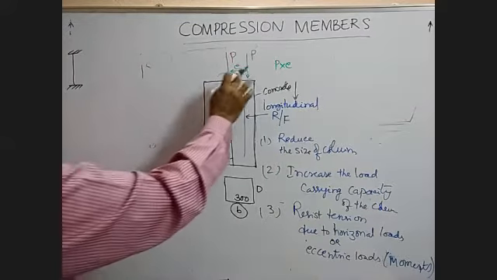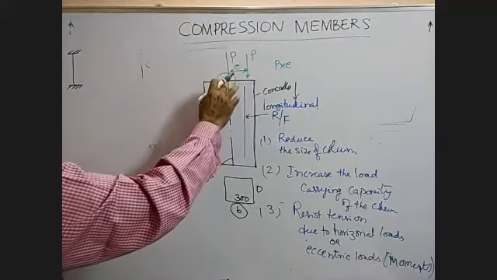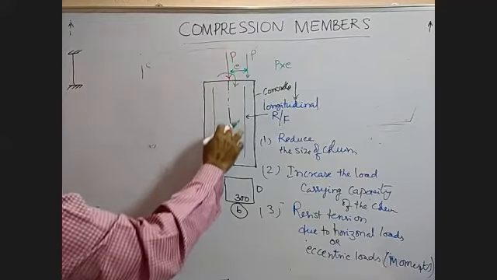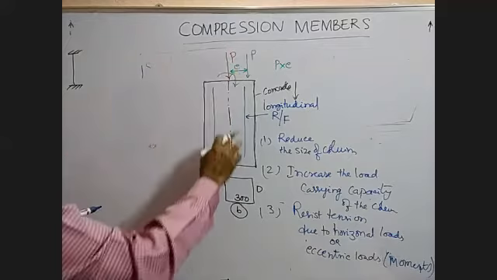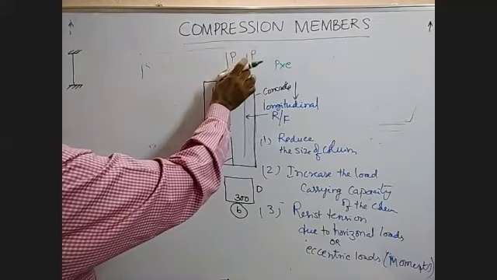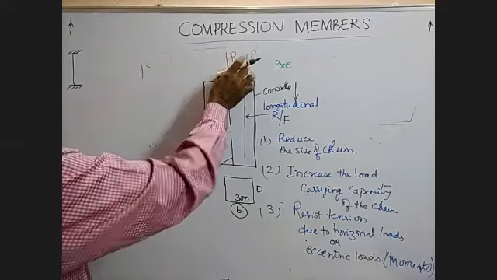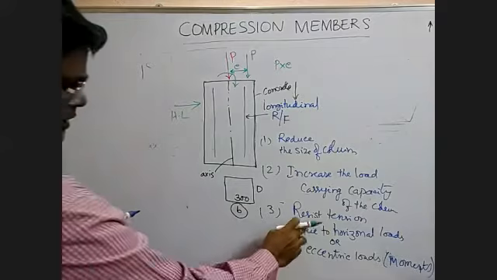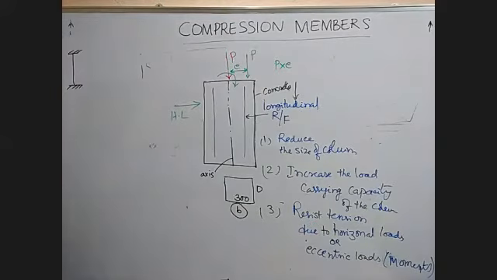See here, in this red color, the load is acting exactly along the neutral axis, but this green load is acting at a distance of e from the center of the axis. And this can also be subjected to horizontal loads. So to take care of all these things, we provide the longitudinal reinforcement.